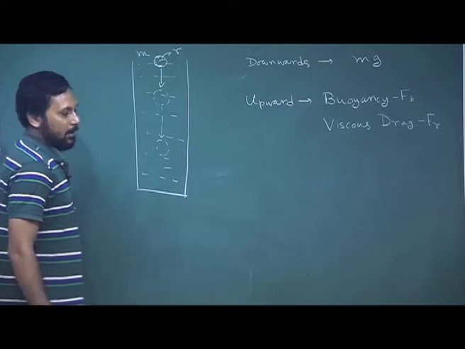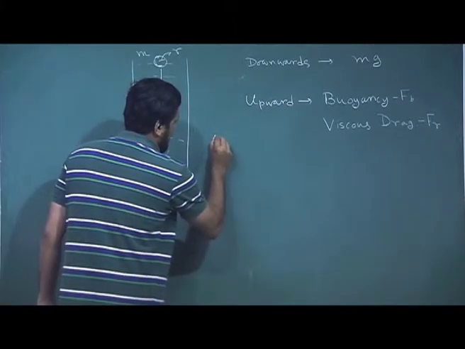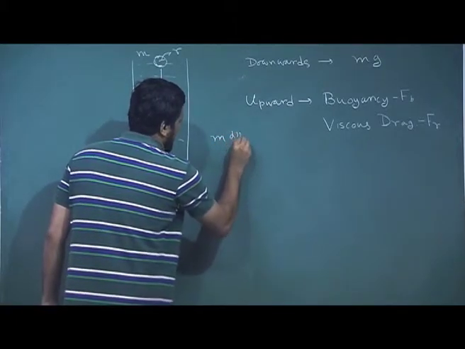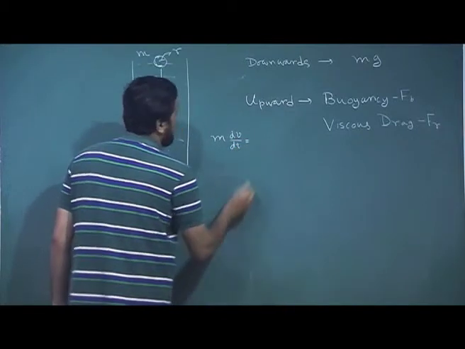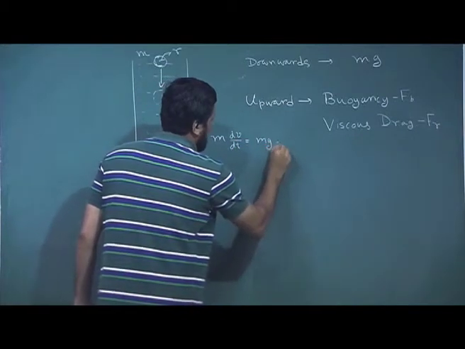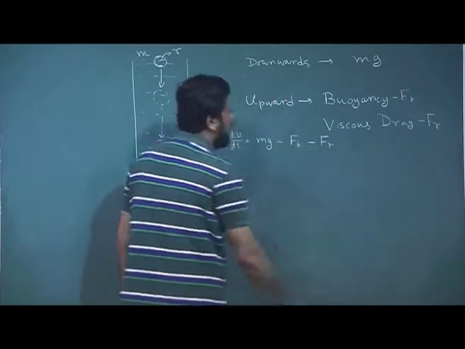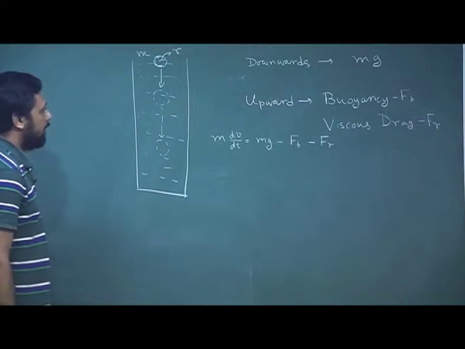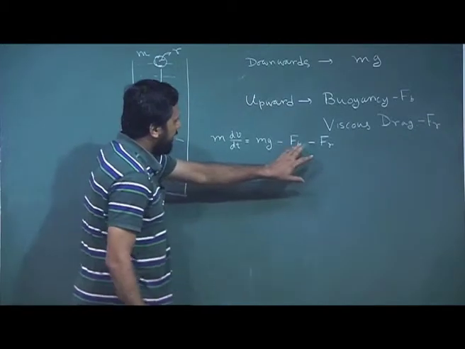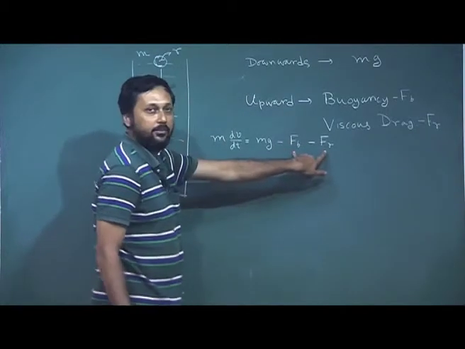Okay. So, if we write the force equation, it will be m dv/dt = mg - Fb - Fr. Now, what are the expressions for the buoyancy force and viscous drag?